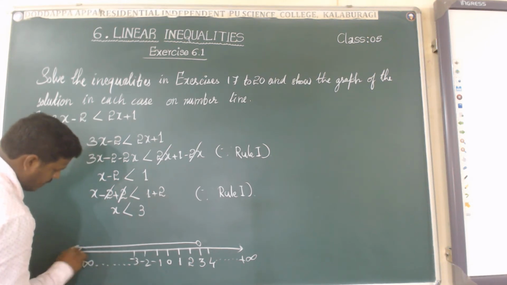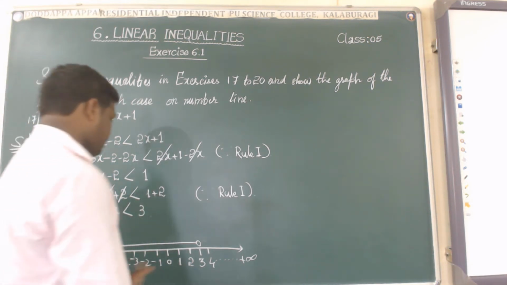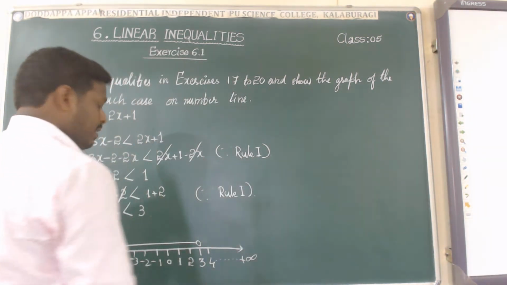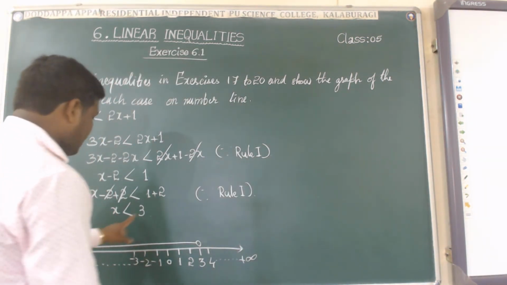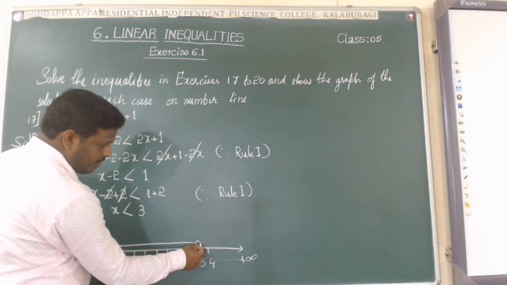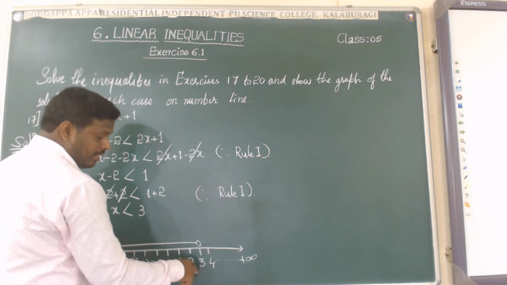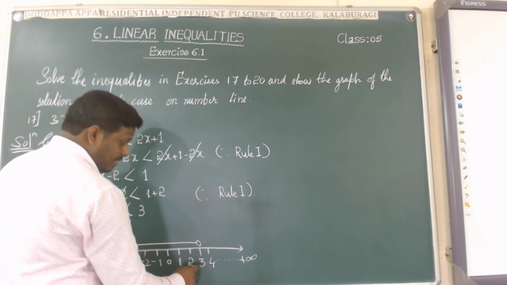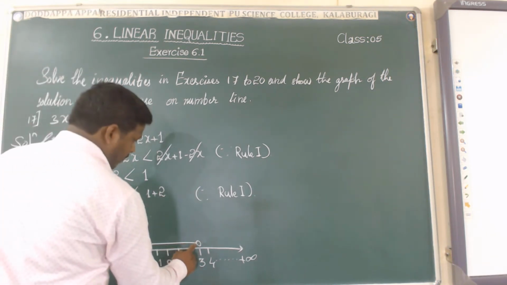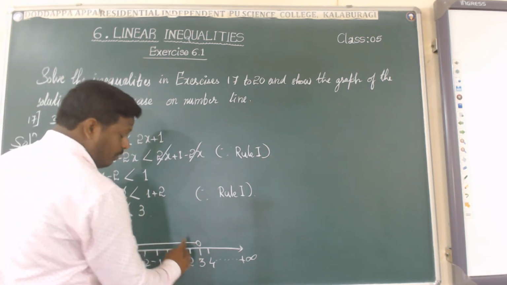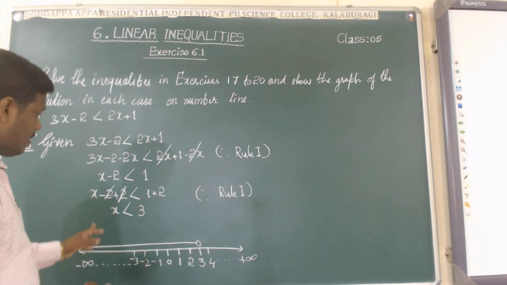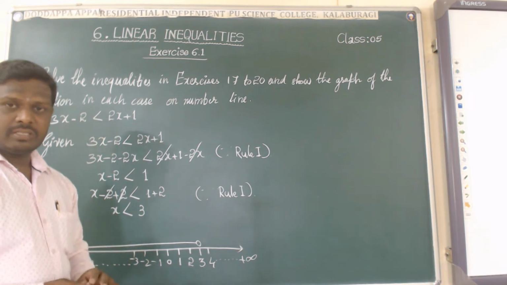Come towards the negative side, because the values of x are on the left side of the number line. We represent the x values not including 3, but including 2.999, because x is a real number, and in real numbers we can have decimal points also.